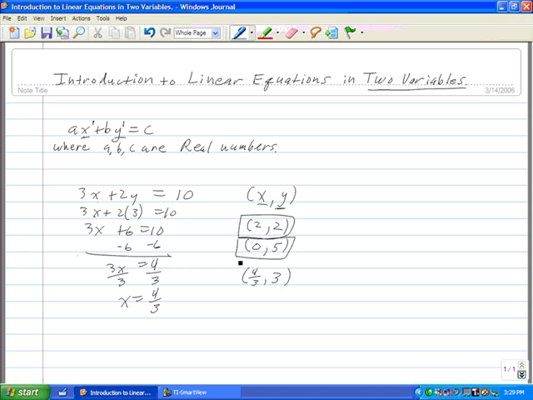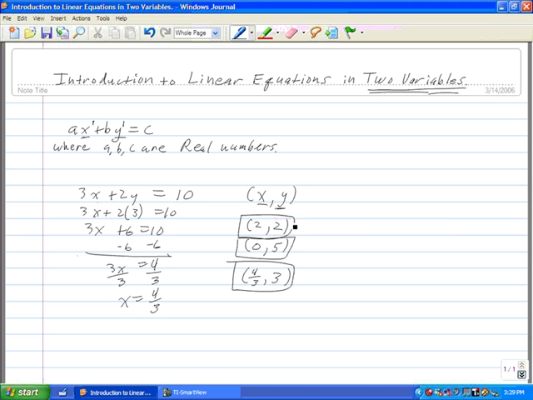So as you can see, we can have more and more and more. The more x's you pick, the more y's you'll find to go with them. The more y's you pick, the more x's you'll find to go with them. So a linear equation in two variables can actually have an infinite number of solutions.